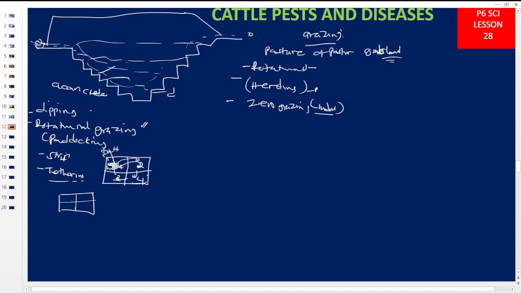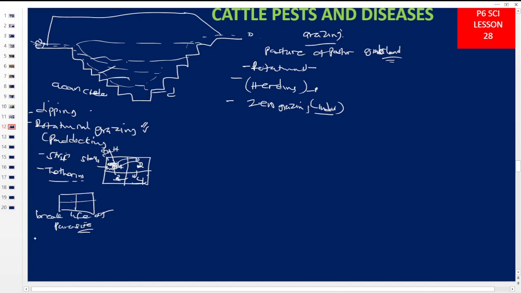But now the animals are out of this, therefore these parasites are going to starve to death. So this rotational grazing enables us to control cattle external parasites by breaking down the life cycle of those parasites, because they are going to starve to death. So another method is practicing rotational grazing, as in paddocking, strip grazing, tethering.